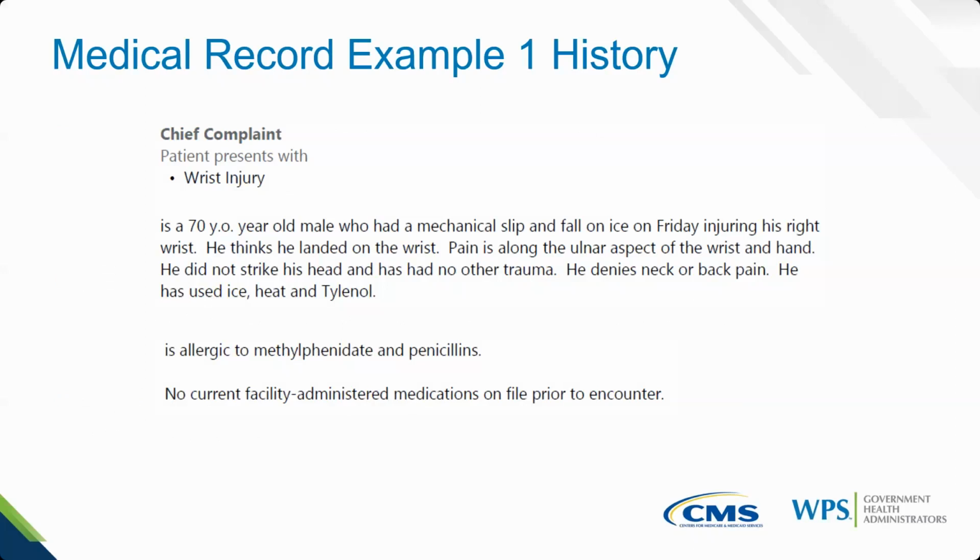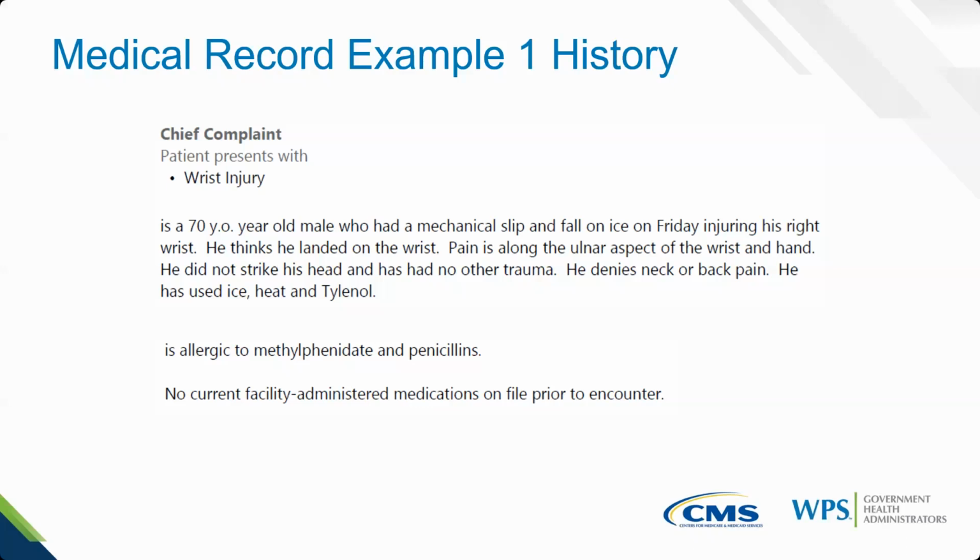So in this first example, we have the history. The patient is coming in with a wrist injury. We have information there on the fact that the patient had a mechanical slip and fall on the ice on Friday, injuring his right wrist. He thinks he landed on it. It identifies for us where the pain is for the wrist and the hand.